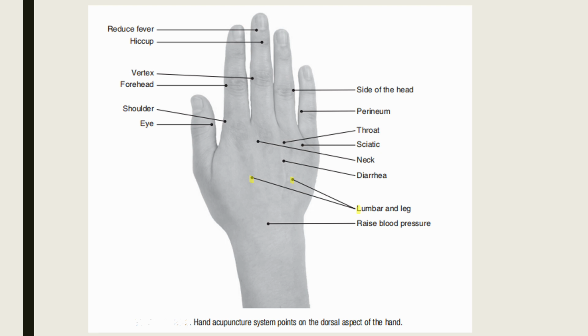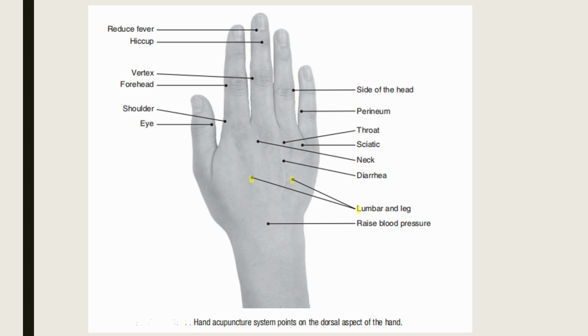Lumbar and leg 2 is located on the ulnar side of the tendon of the fourth extensor digitorum manus between the ring and little fingers. Indications: acute low back and leg pain.